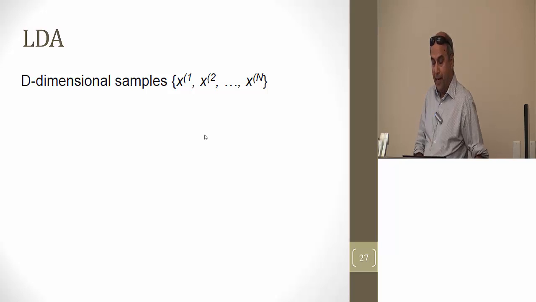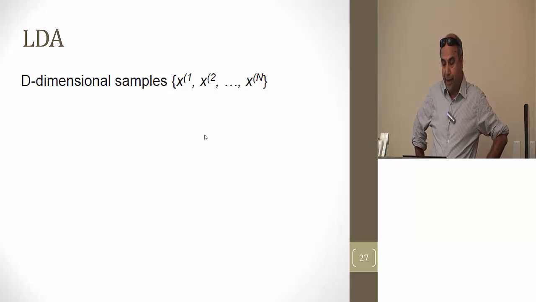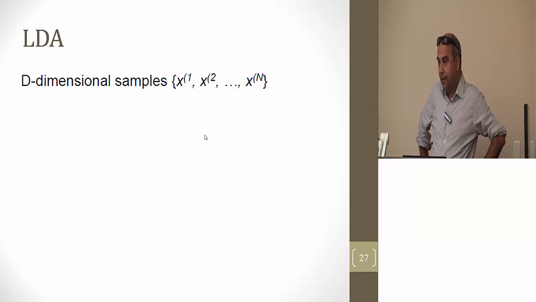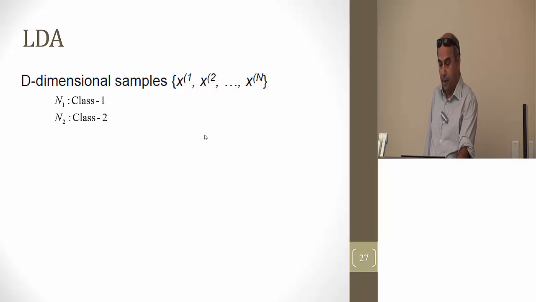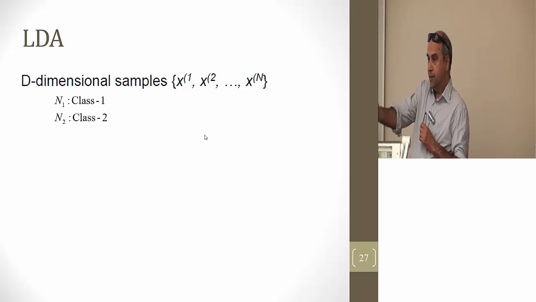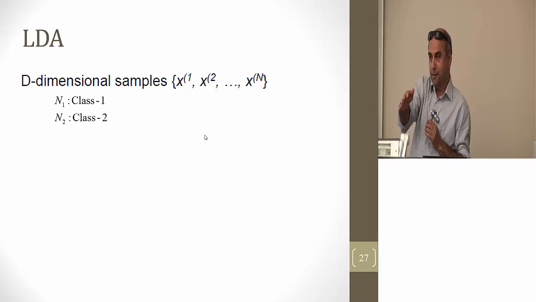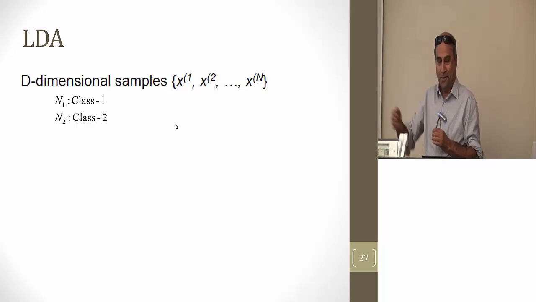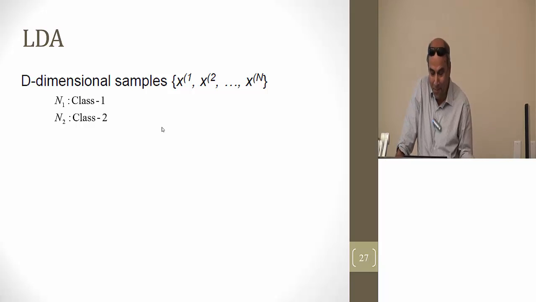Okay, so LDA, linear discriminant analysis. Again we have, say, a d-dimensional sample. Suppose you have a face image, we make a vector out of that. So it's a 250,000 dimensional vector, and let's say we have only two classes, this guy and this guy. We want to distinguish between these two, or this guy and her, men and women. Okay.